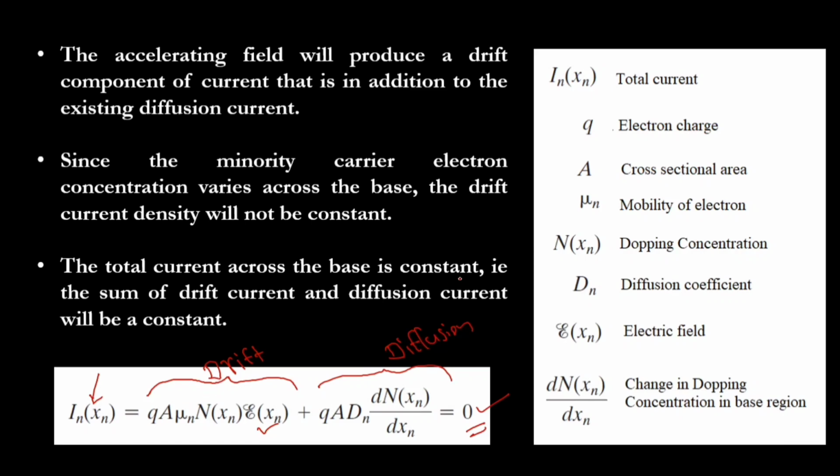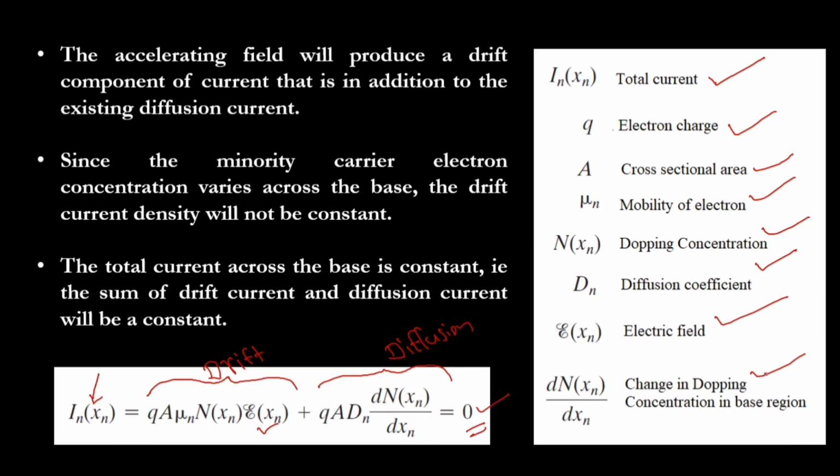Look at this, each term I have given here: In(x) is the total current because of electrons, q is the electron charge, A is the cross-sectional area, mu_n is the mobility of electrons, and n is the doping concentration of electrons. Dn is the diffusion coefficient of electrons, epsilon is the electric field, and d/dx of n(x) is the change in doping concentration in the base region.